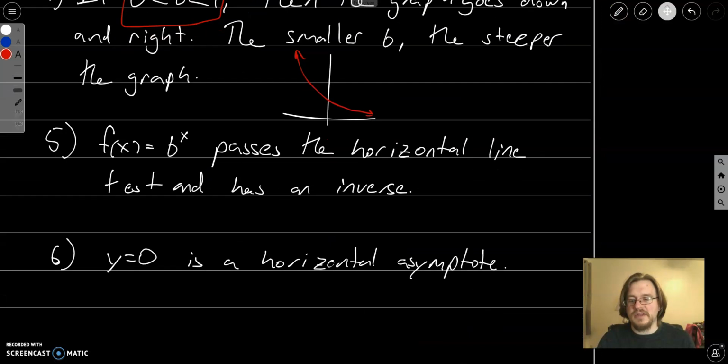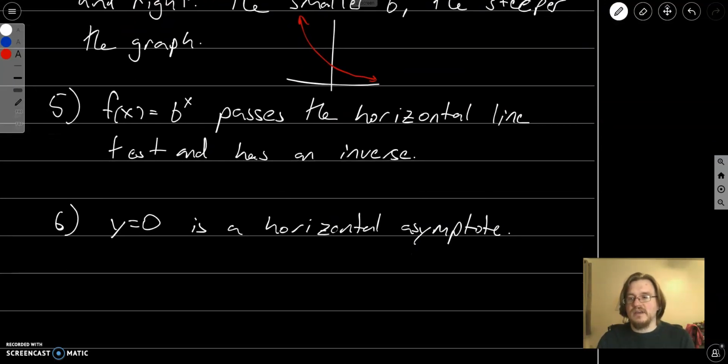And then a couple other things is that our function passes the horizontal line test. So no matter what horizontal line you draw, our function is only ever going to hit this line in one spot.